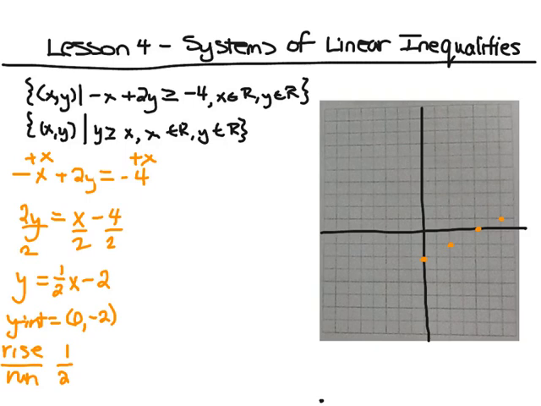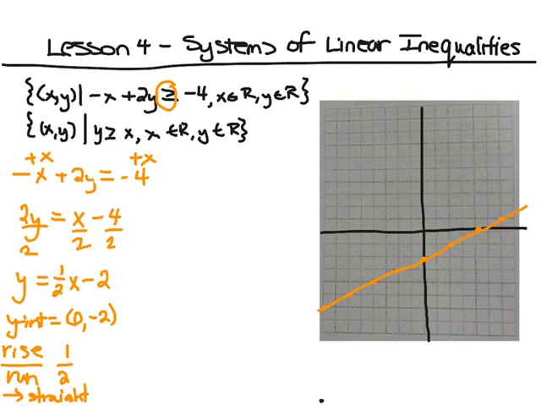And we could go down to the left 2 as well. And remember, when you have a positive slope, it should be going up. Now we have a greater than or equal to sign, so we know that it's going to be a straight line. So draw with a straight edge, a straight line through your points.